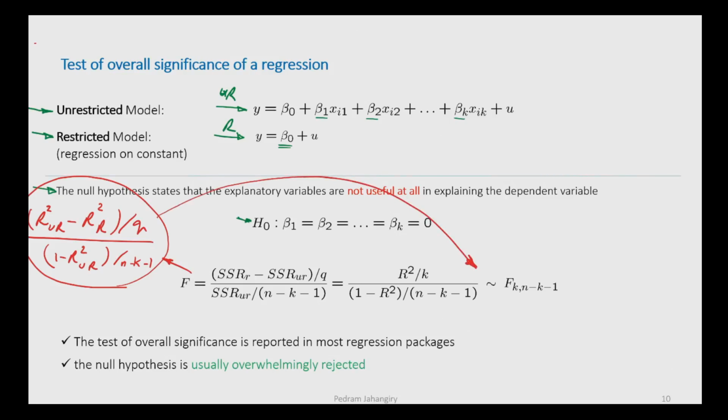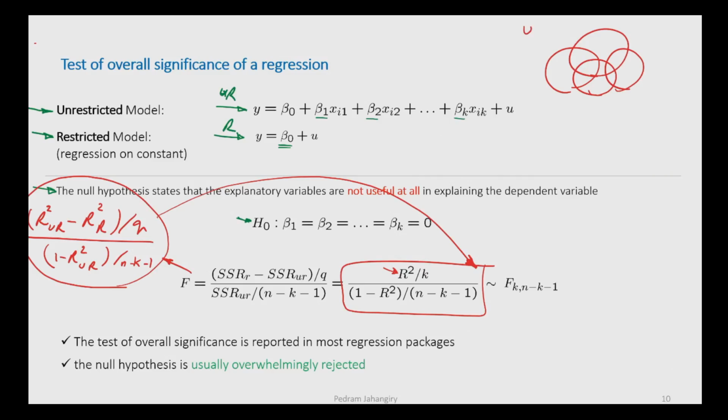I can simplify it to this equation. So where is this equation coming from? The R squared that you're seeing in these equations is the R squared of the unrestricted model, right? So imagine this is my unrestricted model of x1, x2, x3, and this is the restricted model. This is y. For the restricted model, there is no explanatory variable, right?